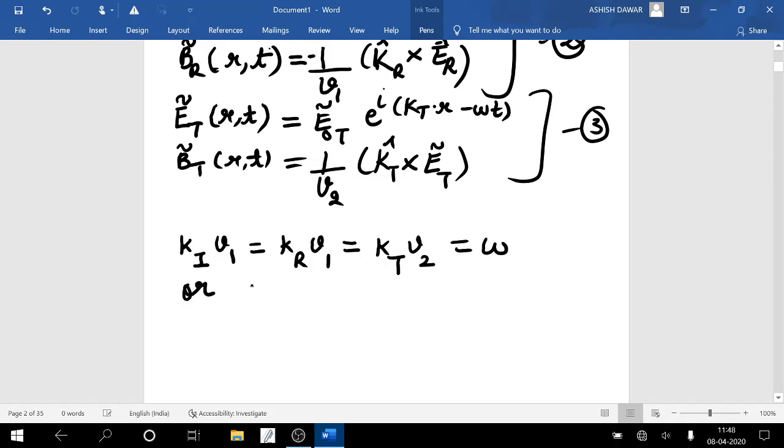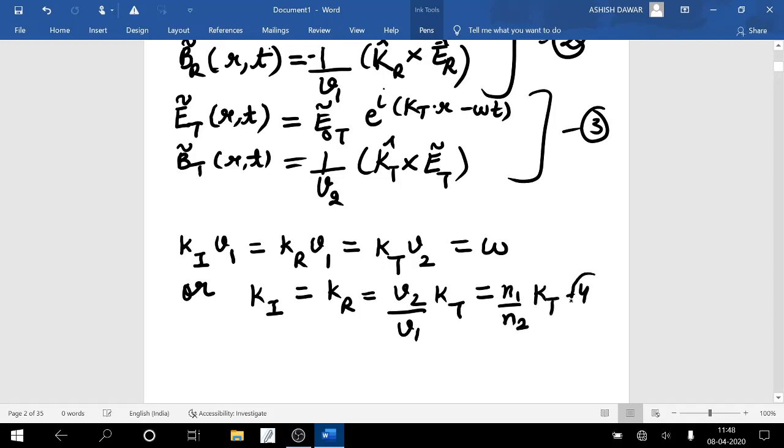Or ki equals kr equals V2 upon V1 kt. As we know, the ratio of the velocities equals the ratio of the refractive indices in reverse order, so this equals n1 upon n2 kt.